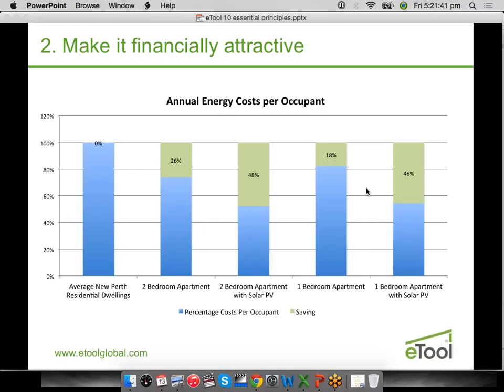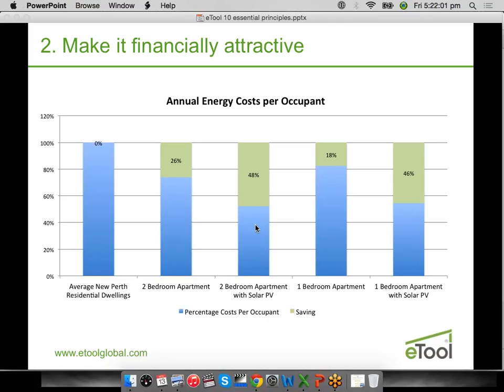For example, this is one representation. This is for the operational cost for the occupant. I would say this bar chart represents around 50% savings for a 2-bedroom apartment that has a solar PV installed.